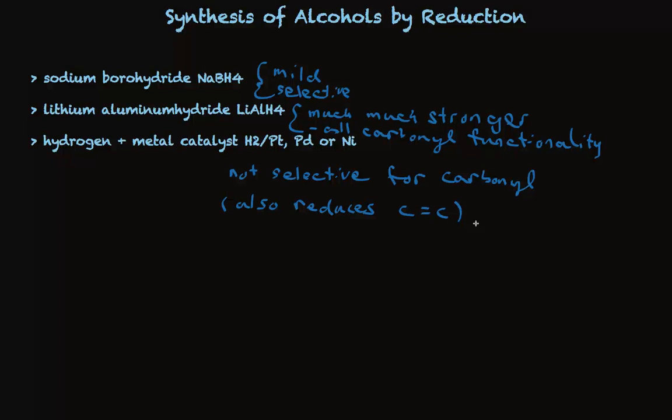Let me illustrate these properties by some specific examples. But before I do that, let me point out one general aspect that's particularly important. In all of these cases, the alcohol that's being made is being made from a carbonyl group. A simple example would be this.